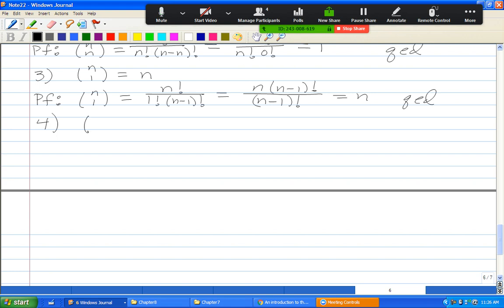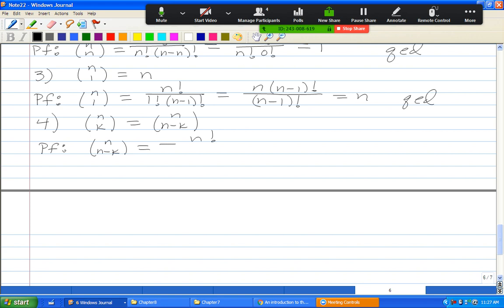Okay. 4. Symmetry. Oh, maybe I should write it the other way around. So NCk is the same as NC n minus k. So let's look at NC n minus k.